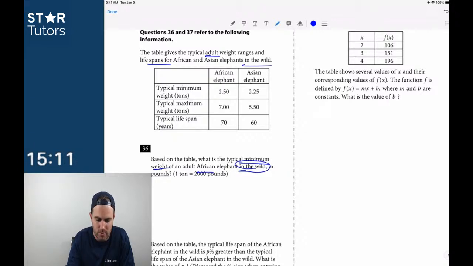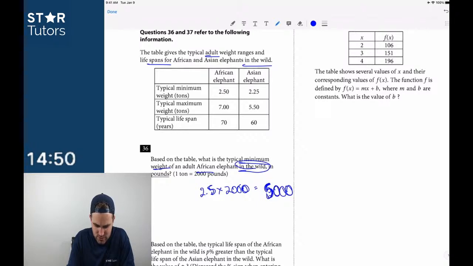Oh, it's all in the wild. I think this is just 2.5 times 2,000, which is equal to 5,000.